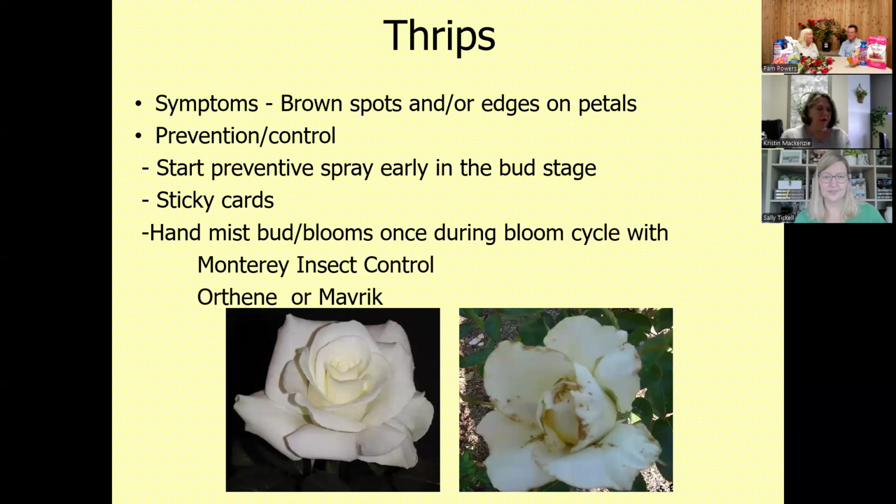Thrips may have come into your garden and you didn't even know it. Look at the roses at the bottom, left and right. It's the same bloom, if you can believe that. That's the number a thrip will do on it.